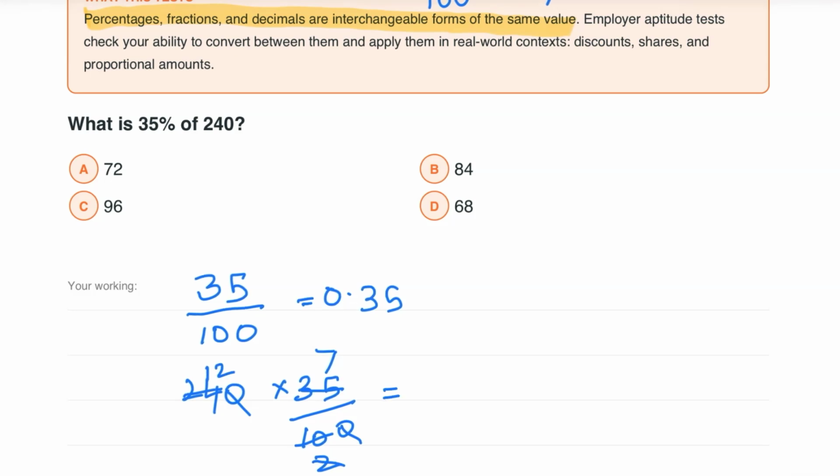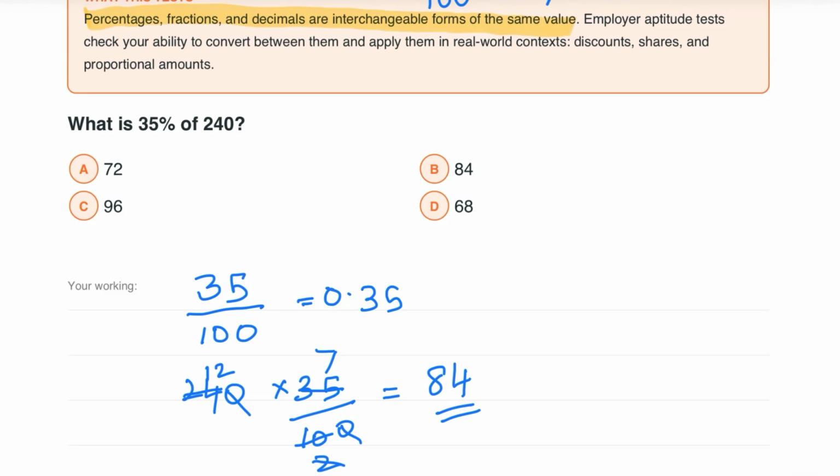So 12 times 7 will be the answer, which is 84. The answer will be 84.